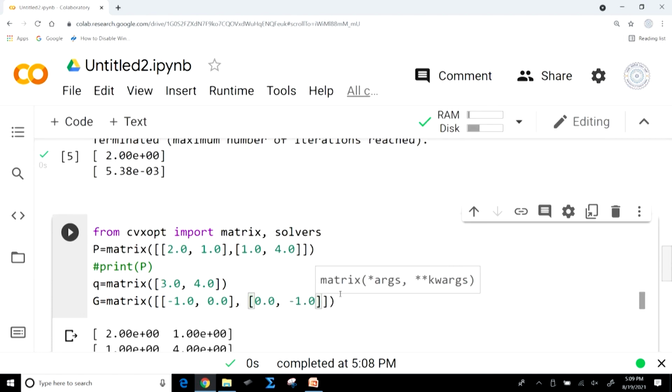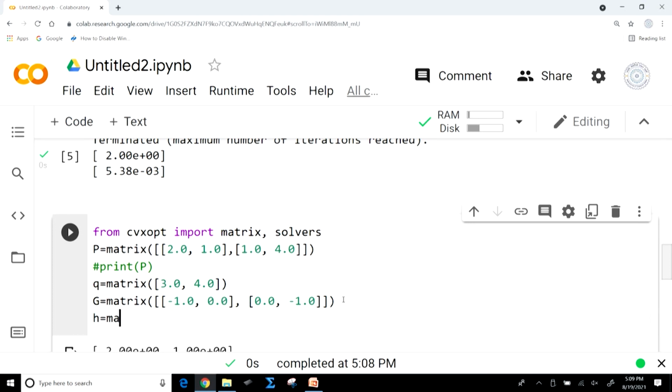This is your G matrix. Now what is left? H. H is a matrix, and this is 0.0, 0.0.